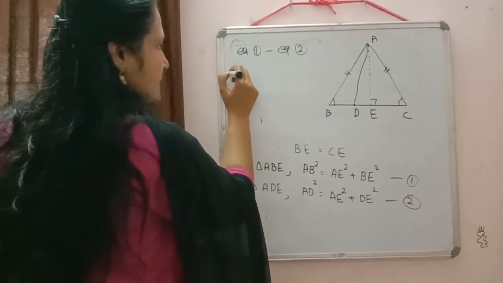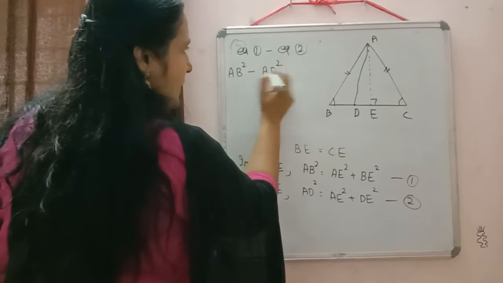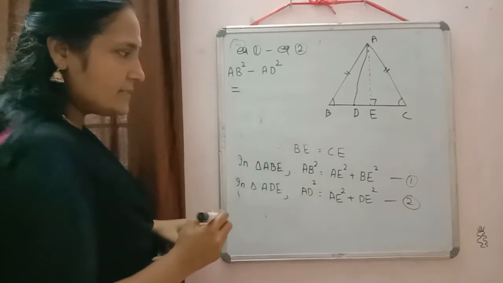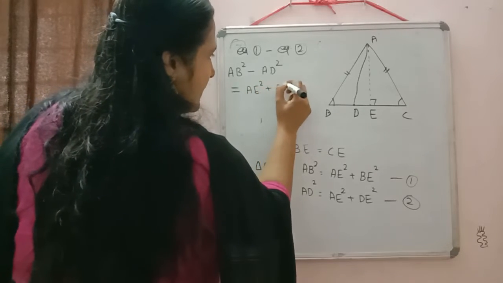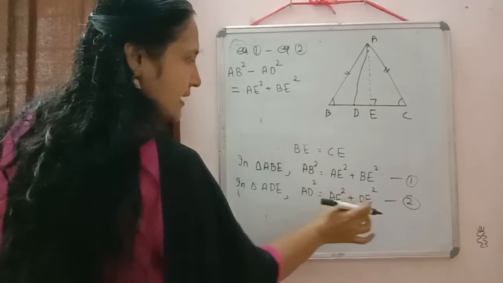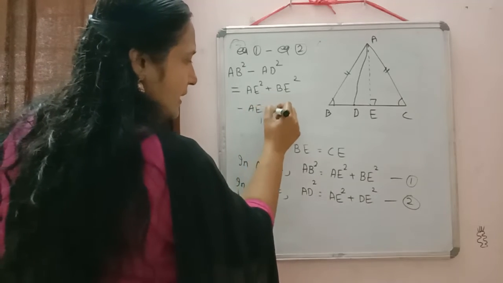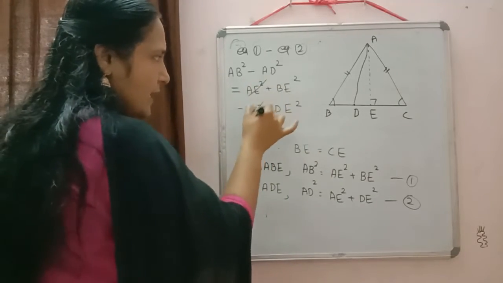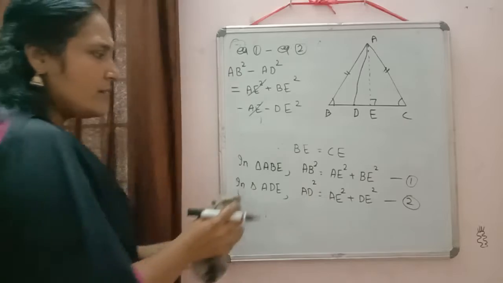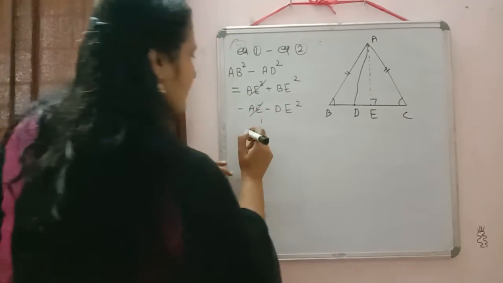On the left hand side it will come AB square minus AD square equal to, on the right hand side, AE square plus BE square. Since minus is there, both will become negative: minus AE square minus DE square. So AE square and minus AE square will get cancelled. Then what remains?